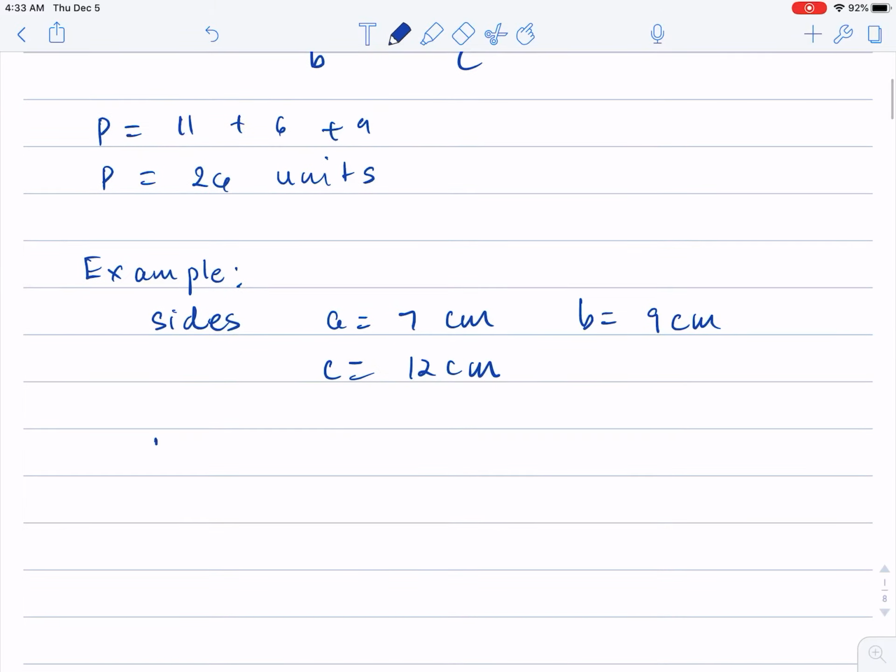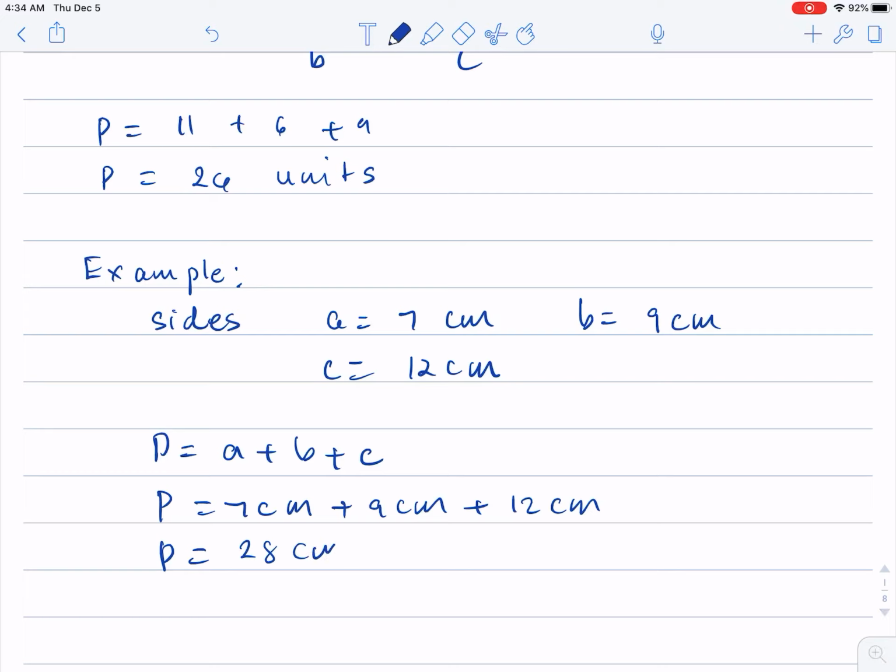So perimeter is A plus B plus C, and perimeter is equal to 7 centimeters plus 9 centimeters plus 12 centimeters. So what's the perimeter here? 7 plus 9 is 16, plus 12 is 28 centimeters. Okay.